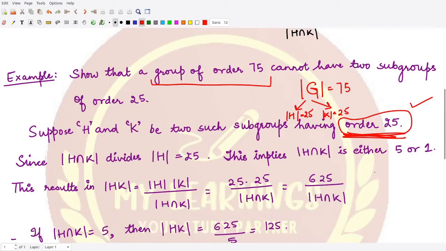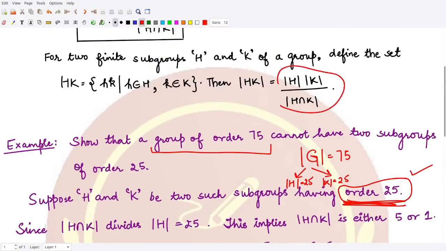Now first of all, the order of H intersection K divides the order of H, because the intersection is a subset of H. It is either equal to H or a subset of H, so the number of elements present in it would be lesser than the number of elements in H. So we are easily saying that the order here would divide the order of the subgroup H.